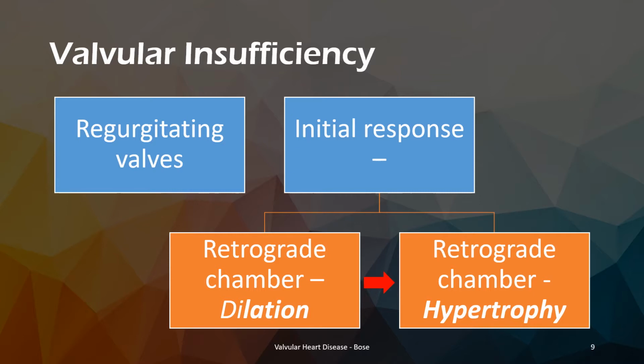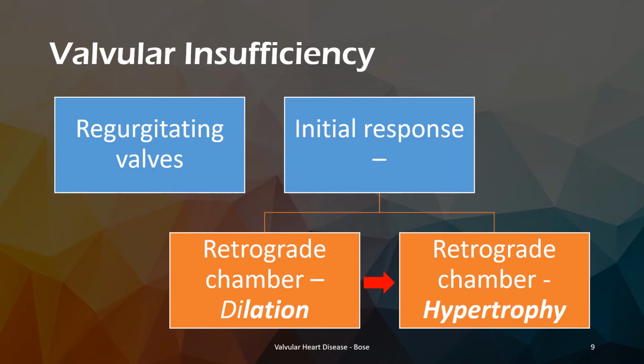Valvular insufficiency refers to regurgitating valves, which occur when the valvular leaflets become loose and unable to close during the closure phase of that valve. When such a regurgitation starts occurring, the initial response is retrograde flow into the chamber behind that causes dilatation of that chamber.